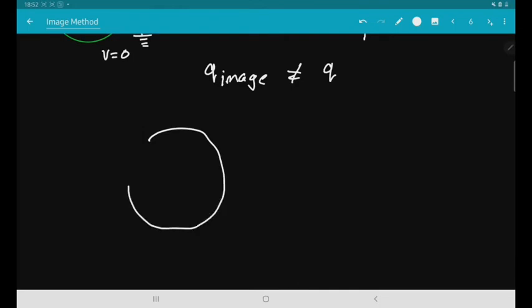So let us consider this sphere here again. Here we have a positive charge outside. This is the center of the circle. This distance is the radius. The distance between the center and the charge is given as d. Now let us consider the image charge somewhere here at a distance x from the center.